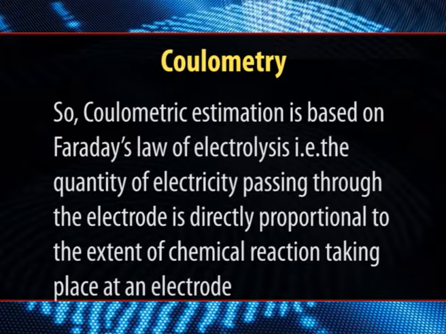So, coulometric estimation is based on Faraday's law of electrolysis, that is, the quantity of electricity passing through the electrode is directly proportional to the extent of chemical reaction taking place at an electrode.